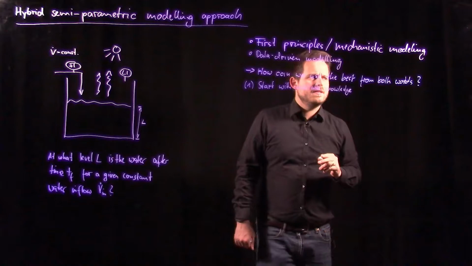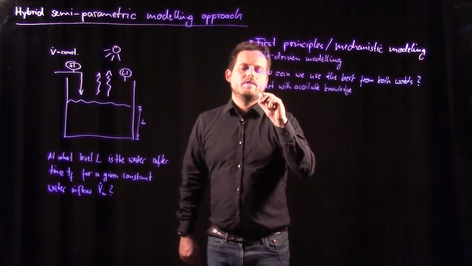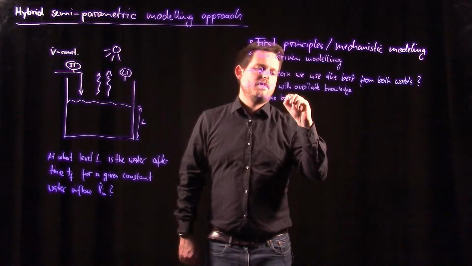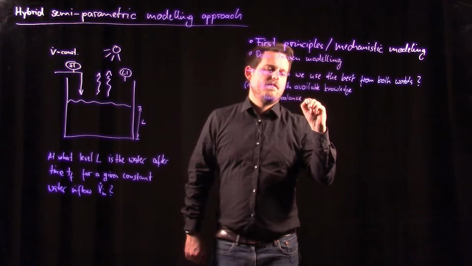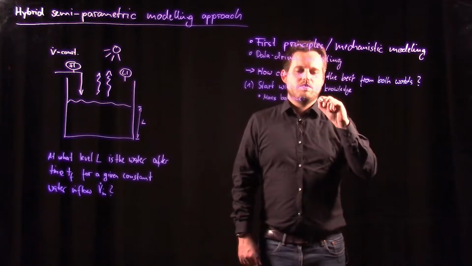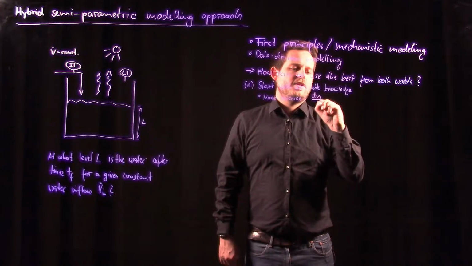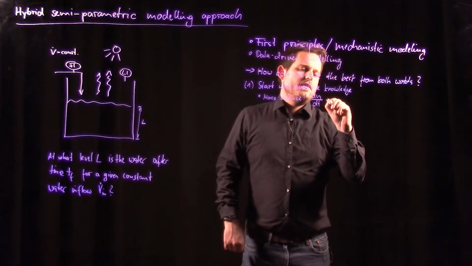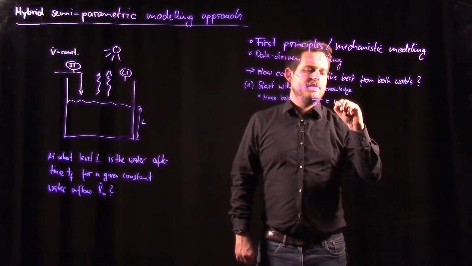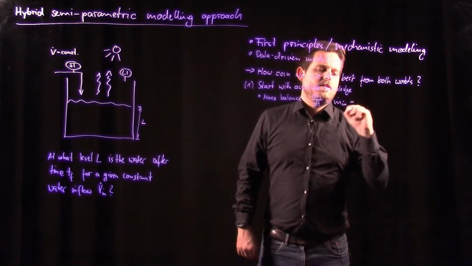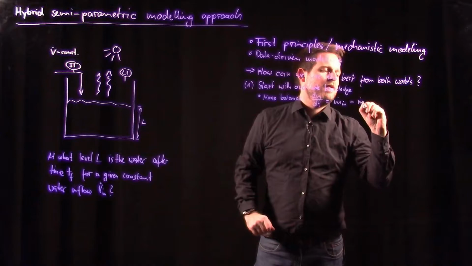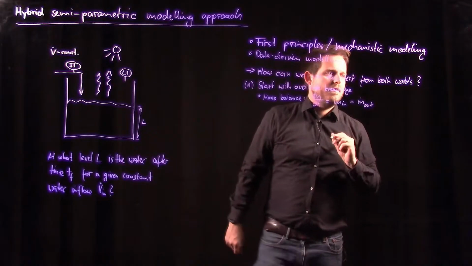And what we could easily think of as an example is the mass balance, which could be written as the change of the mass within the tank. So this is what goes in, so with this flow, minus what evaporates and that out.